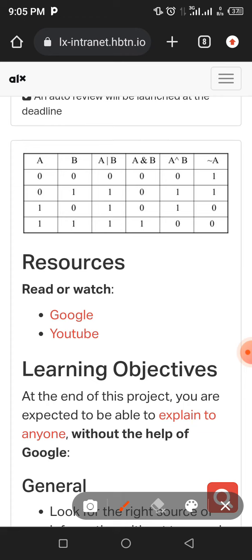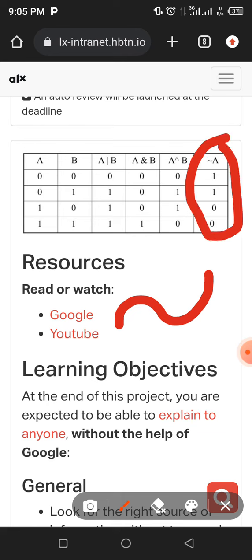So the next thing we're going to be talking about is the NOT gate. The NOT gate is represented with a T-dial sign like this. So you can see the sign which is over here, the one for A. What it simply does is it is used to oppose symbols, anything that has to do with opposition.